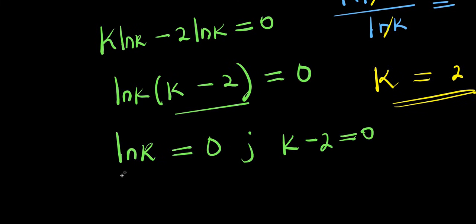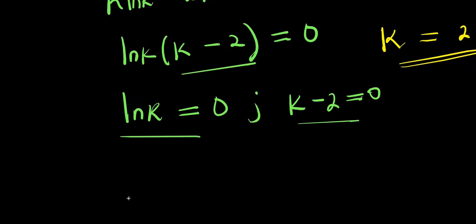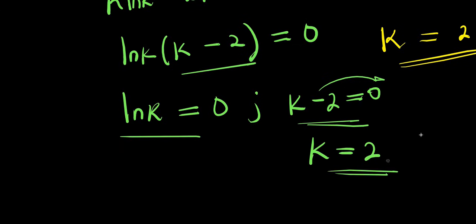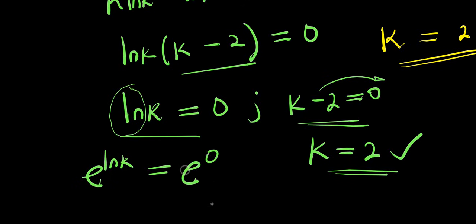So to solve these two individual equations, we can start with this. This is a linear equation. I move this over here. We have k equals 2. This one here, we have already gotten before. And for this, I can eliminate this natural log by bringing in e. I have e power ln k equals e power 0.